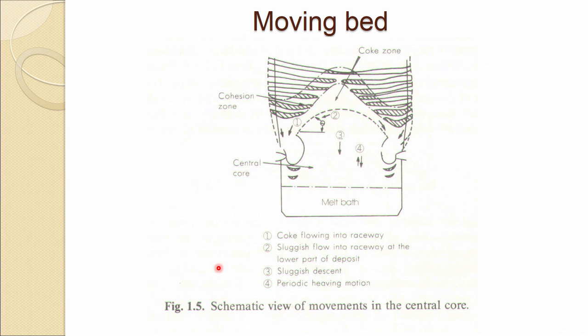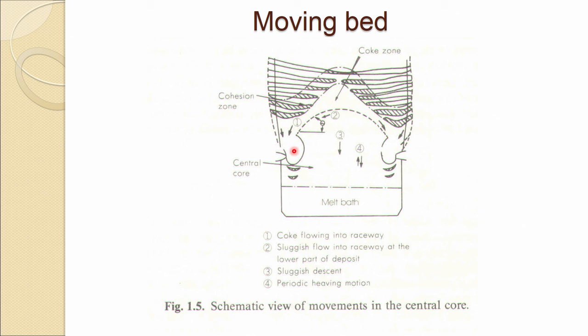Now, the next one is about the moving bed. As you know, in the blast furnace the burden is continuously moving downward, and we have talked all about this since we started this course. So, essentially what is happening, in front of the Tuyere, coke is getting consumed.